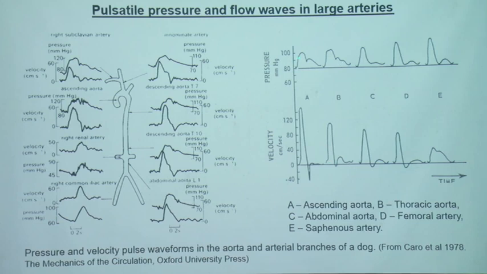Even though these waveforms were taken from animals, in humans the behavior is very similar. The peak pressure increases from the ascending aorta down to the saphenous arteries, whereas the peak flow actually decreases.